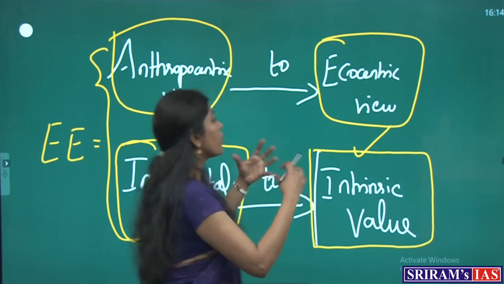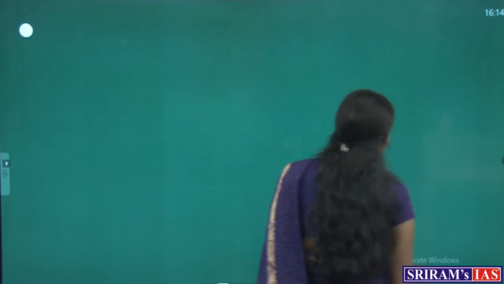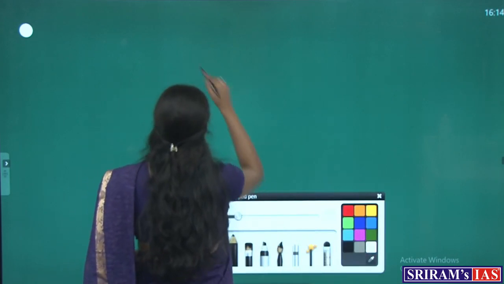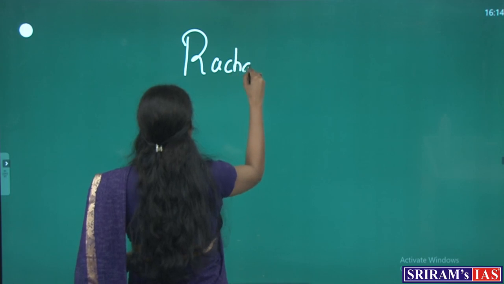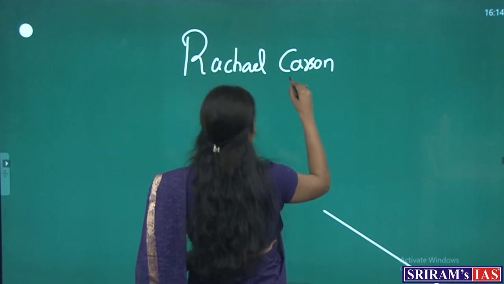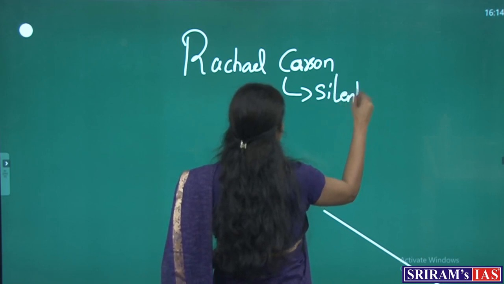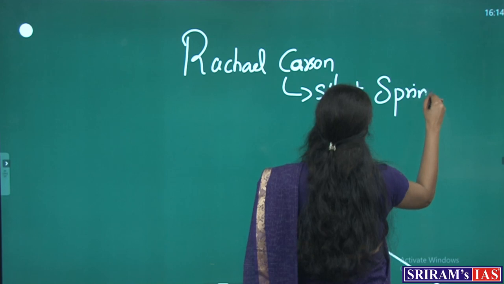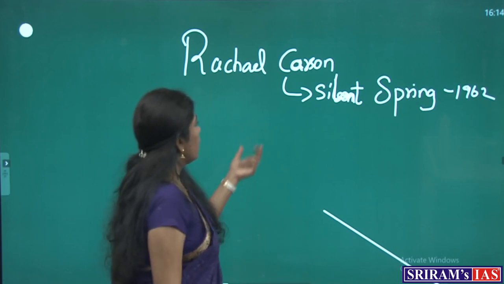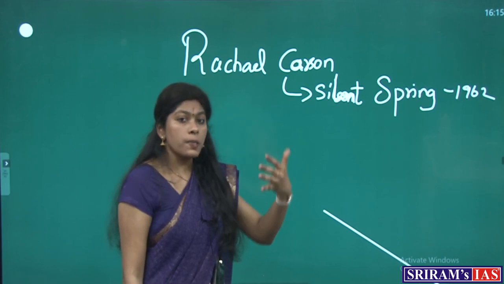So, how did this field of environmental ethics emerge? You would have heard this somewhere, about Rachel Carson. She wrote a book called Silent Spring in 1962, and this book created an awareness among the people.